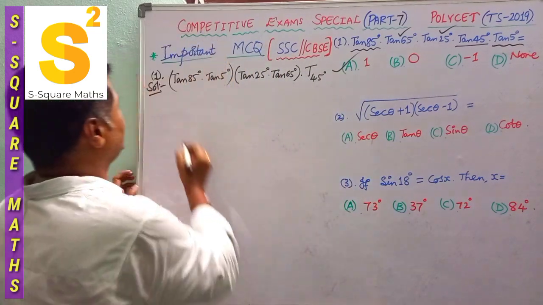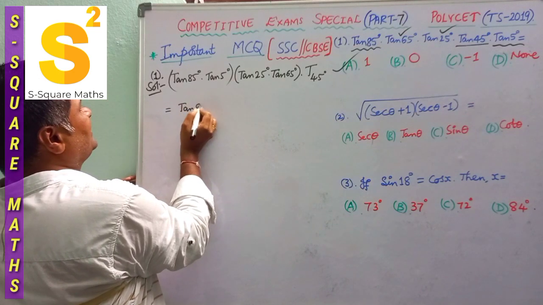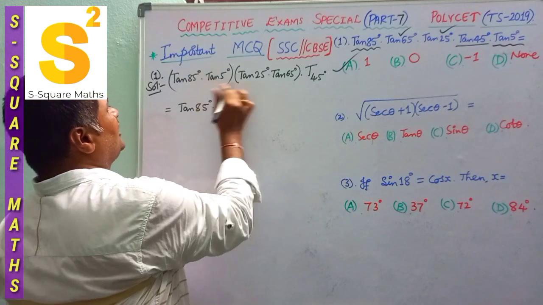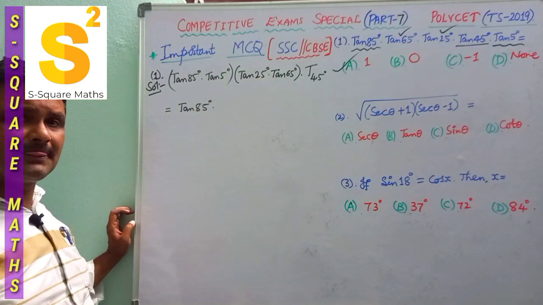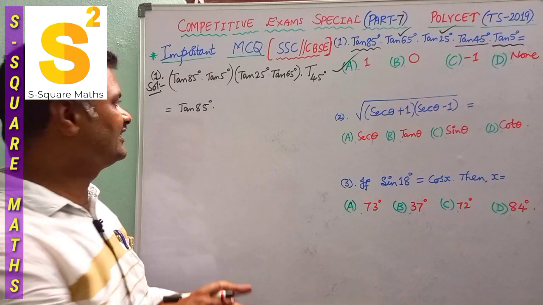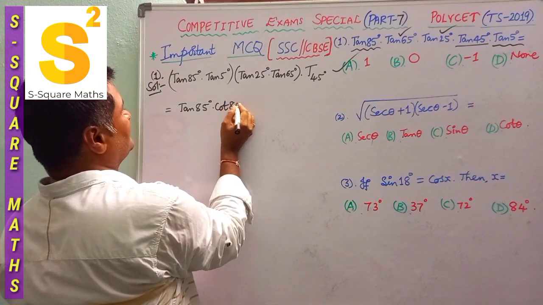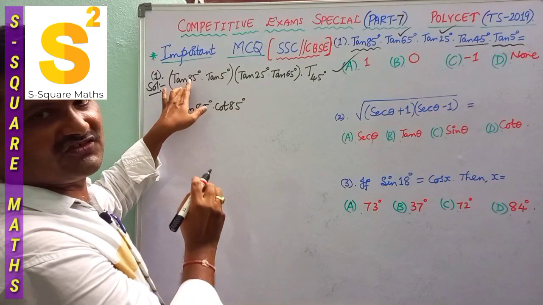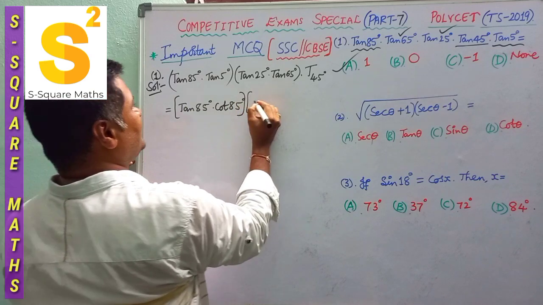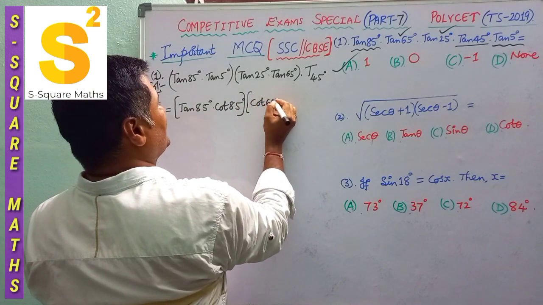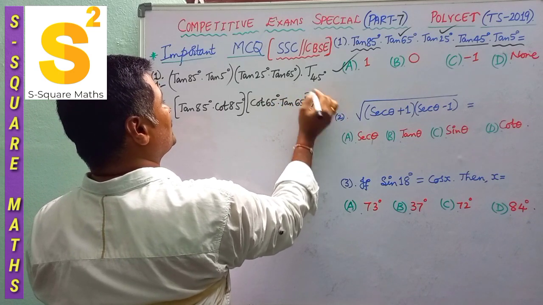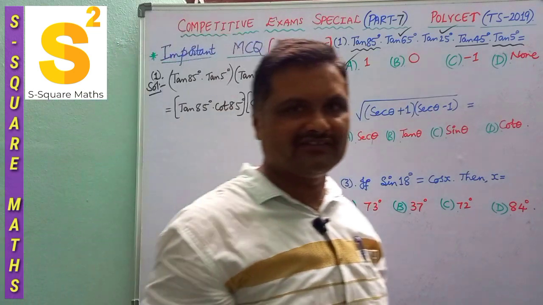Here tan 5 degrees can be written as tan of 90 minus 85, which is cot 85 degrees. If you are interested, you can change this and fix this part; that is your own interest. In the same way, I can write cot 25 degrees here and tan 65 degrees. And obviously tan 45 degrees is 1, we know very well.